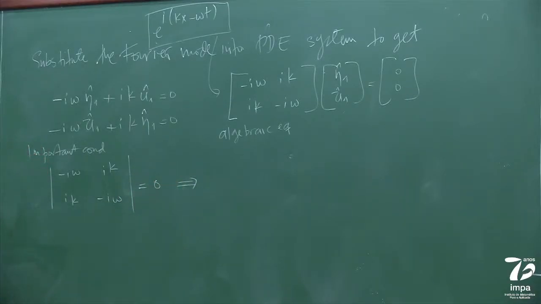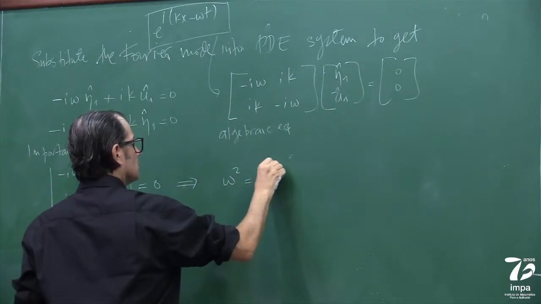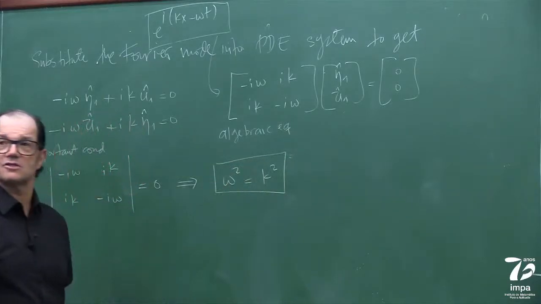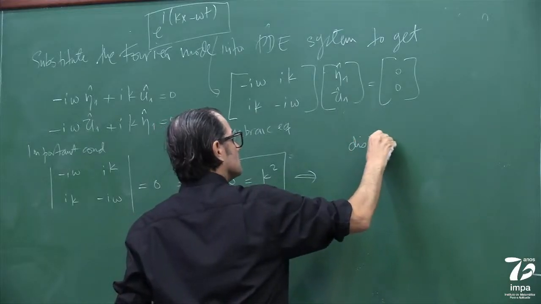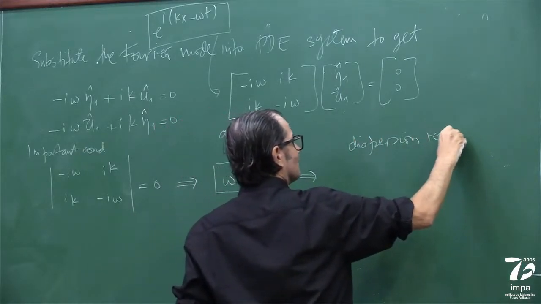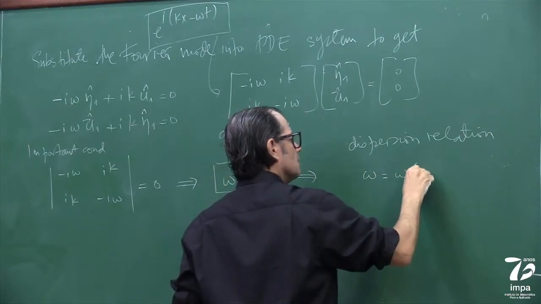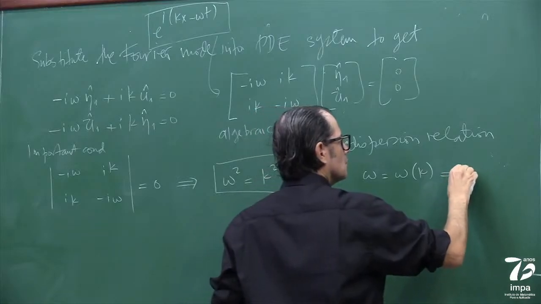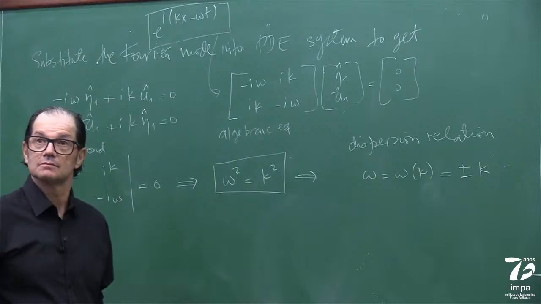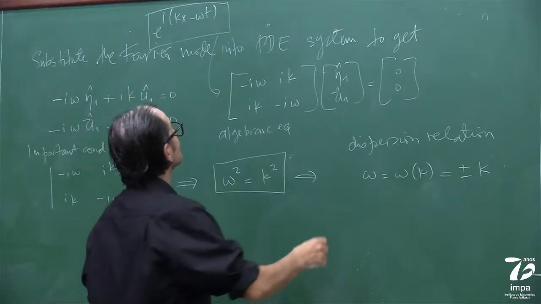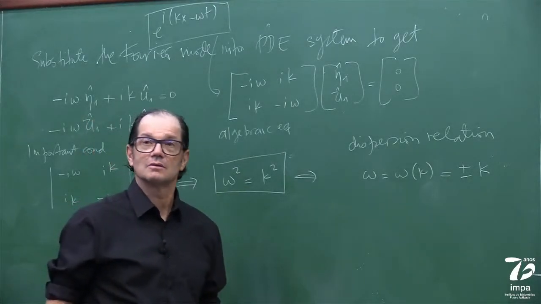Which implies that omega squared is equal to k squared, which gives us the dispersion relation omega equal to omega(k) equal to plus or minus k. Which, if I put it here, somehow already gave us right and left modes.